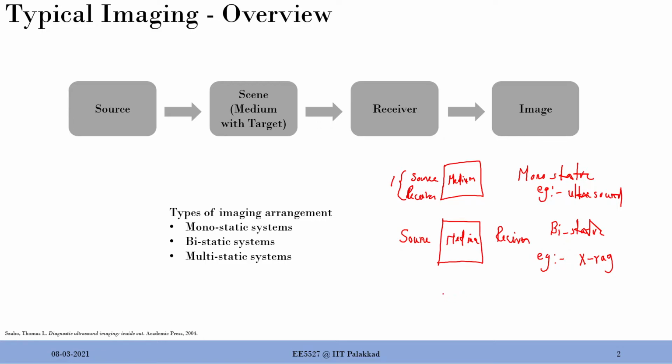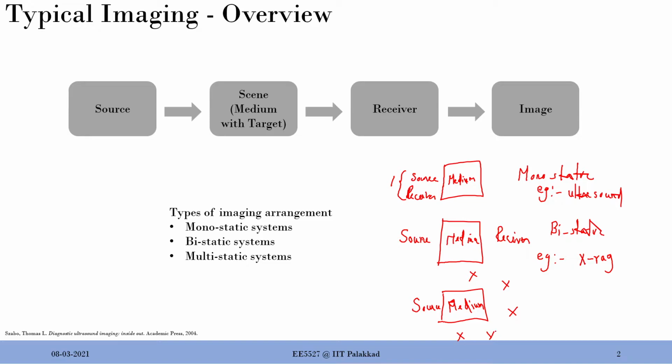And then of course multistatic is, again you have the medium and you have a source, but you can have the receivers at multiple locations. So basically one source is emitting the disturbance, and the disturbance is collected at different sensors.